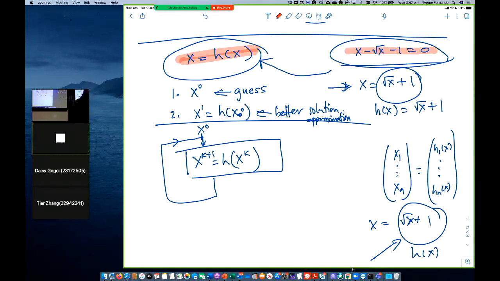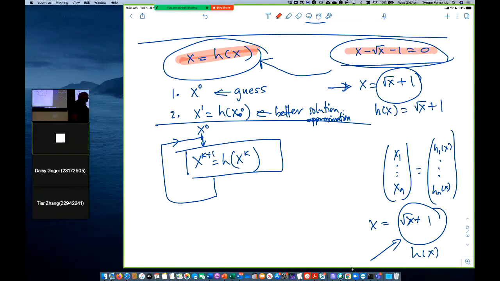Then I compute h(x0), which is h(1). And that value, h(x0), is a better estimate for x than my initial guess. Then I just keep iterating.